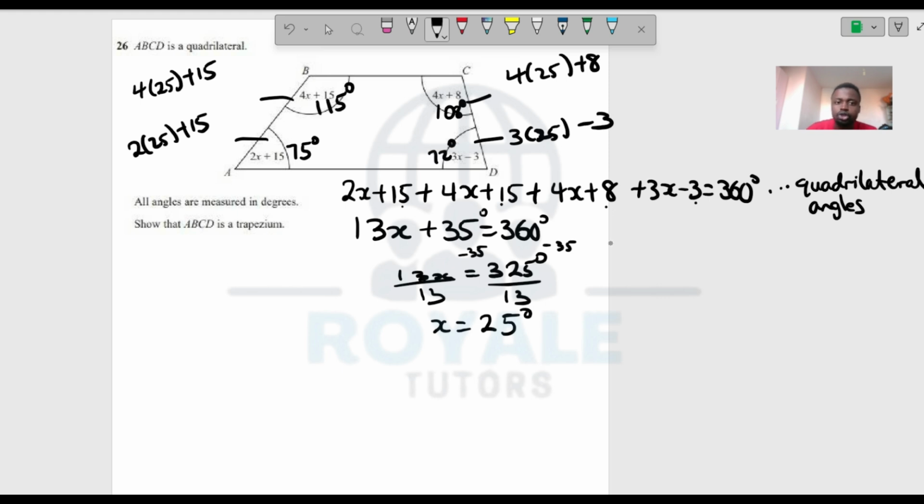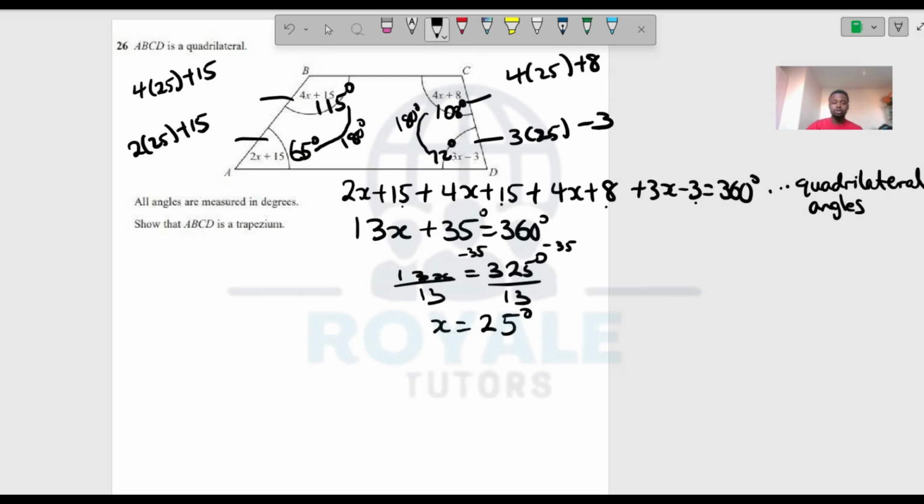What we need to do to show that BC is parallel to AD is to add these two together and see if it gives us 180. Sorry, this is supposed to be 65, not 75 here. That's a mistake; it's 50 plus 15. If you add them together, this gives you 180 degrees. Good. If you add this pair together, this also gives you 180 degrees.